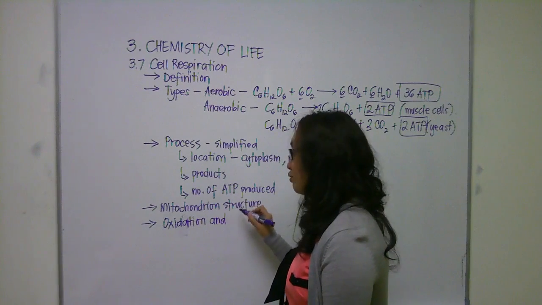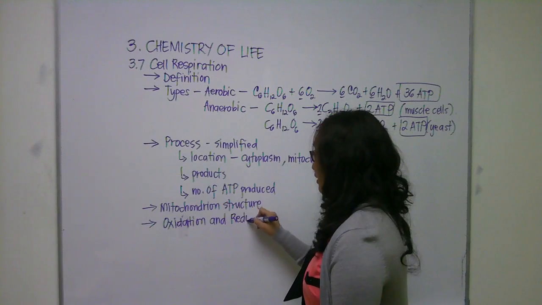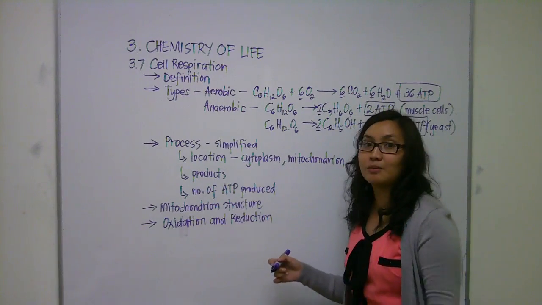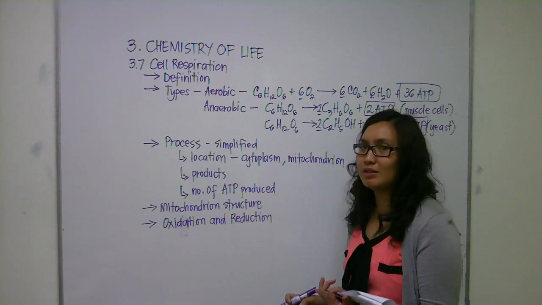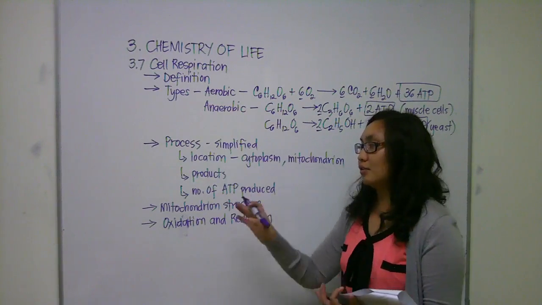The good news about learning oxidation and reduction here is that it's different from oxidation and reduction in chemistry, where they need to know what the reducing agents or oxidizing agents are. Here, they don't need to learn that.